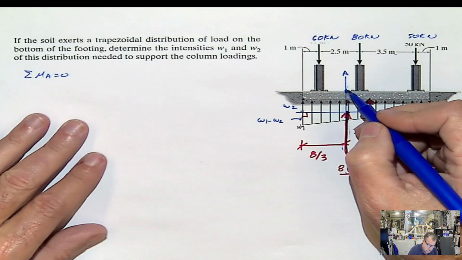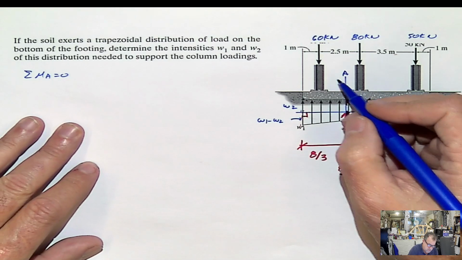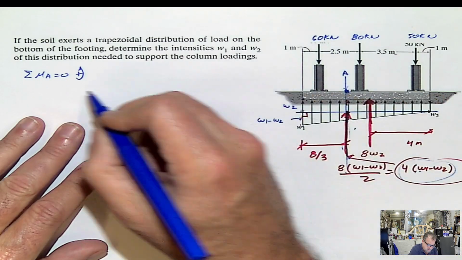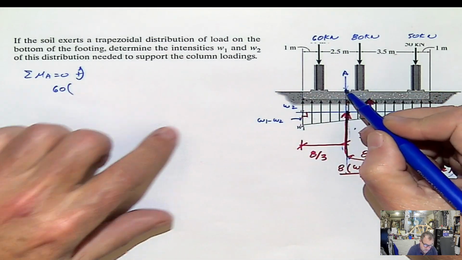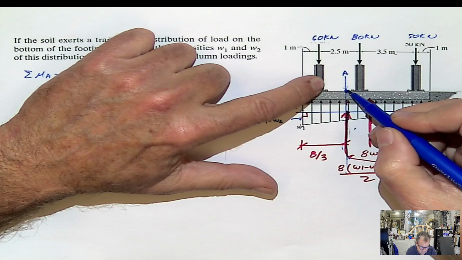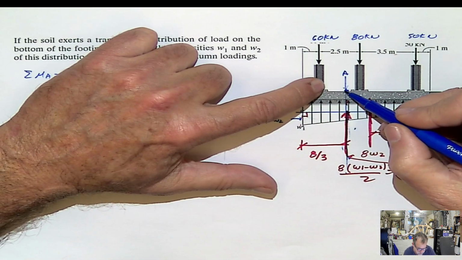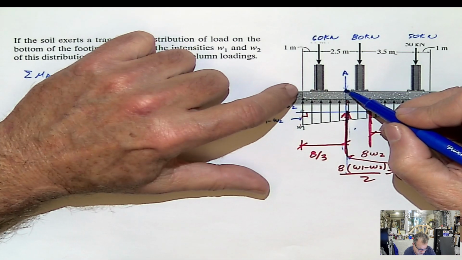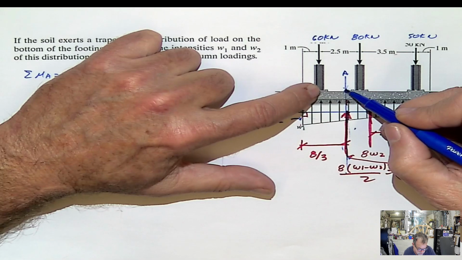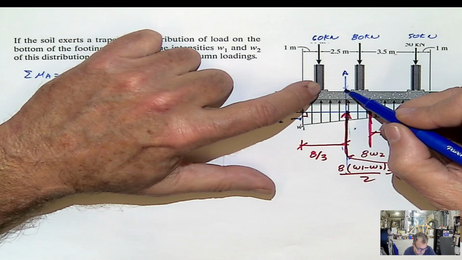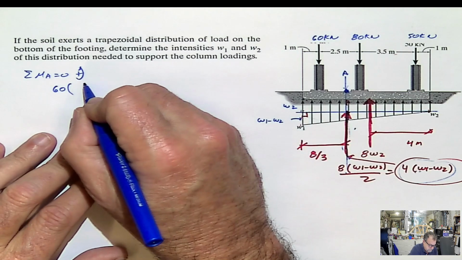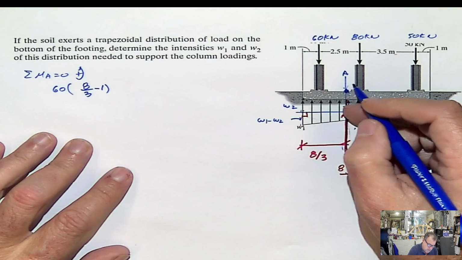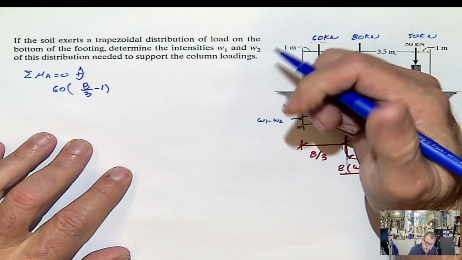So if I do that, let's start with A. Let's say that this is positive. That will be 60 multiplied by this distance. How much is this distance? This distance will be 8/3 minus 1, and then positive, because it goes in this way.